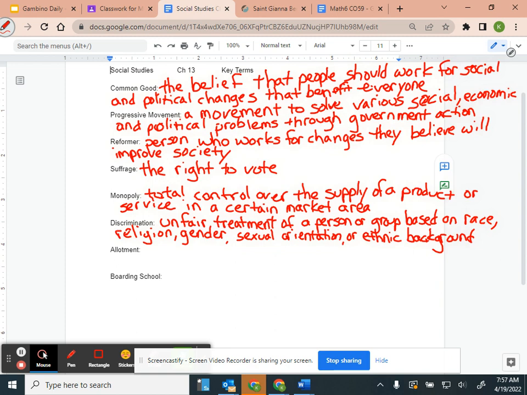Allotment is a share or portion of something that is assigned or given.